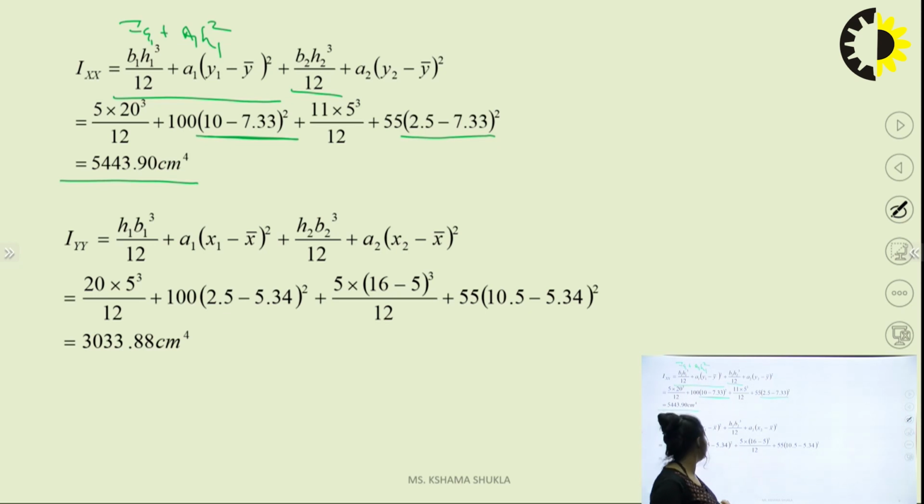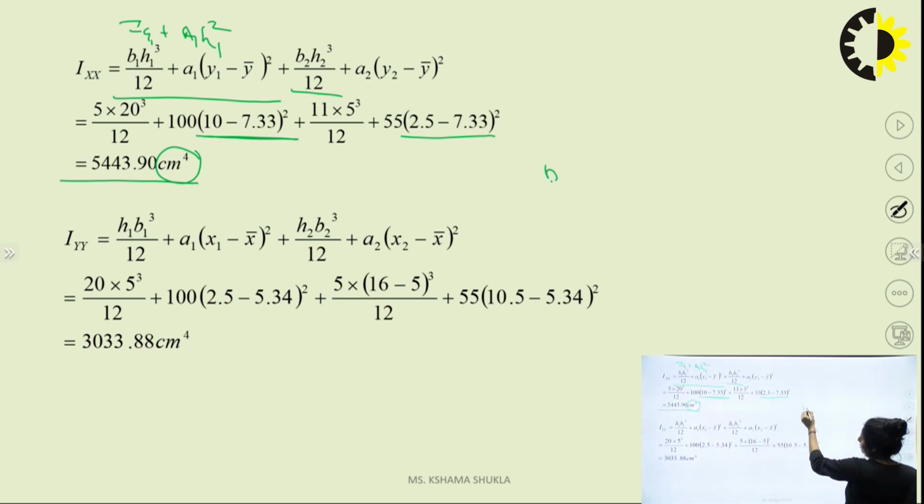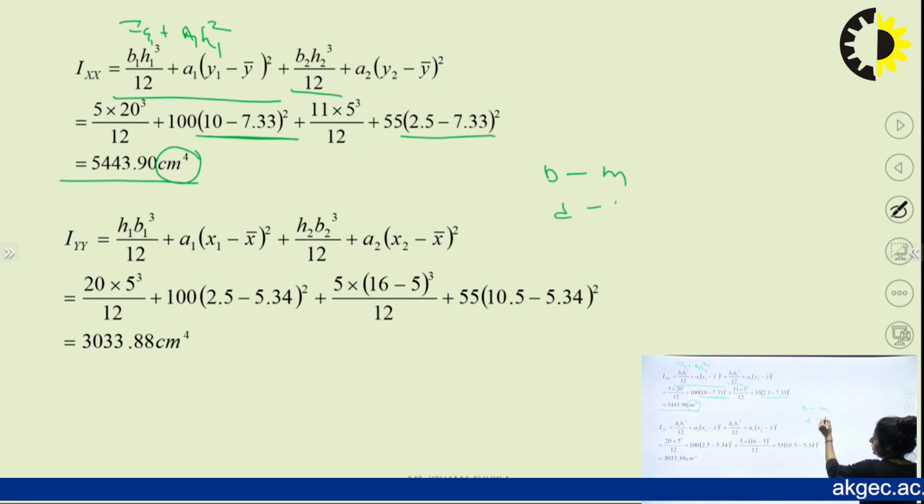5443.90 centimeter. The unit of moment of inertia is meter to the power 4. You can easily understand that B is meter, D is meter cube, because BD cube by 12.